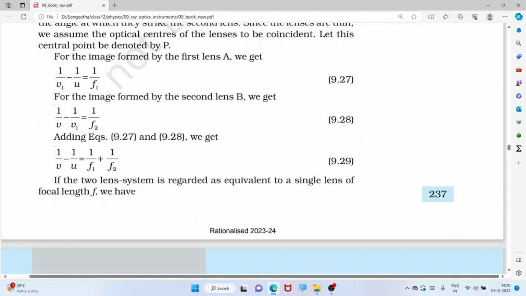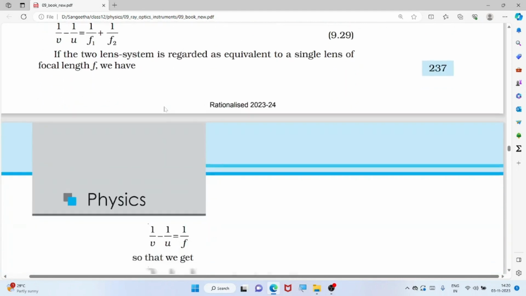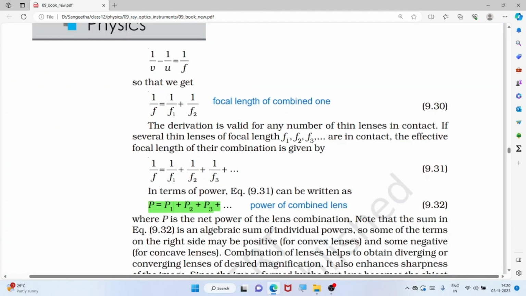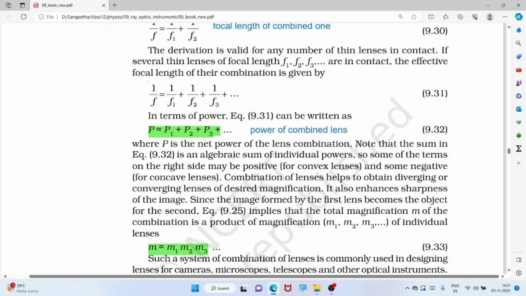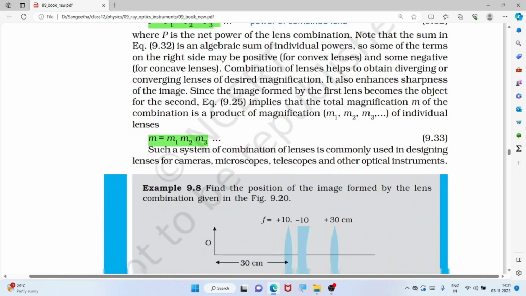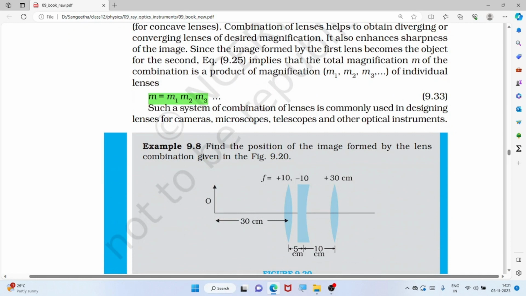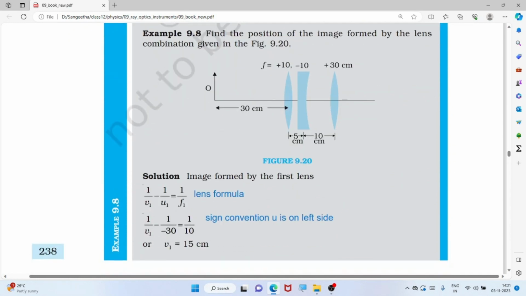Combining lenses. Focal length of the combined lens. Power of the combined lens. Magnification of the combined lenses.